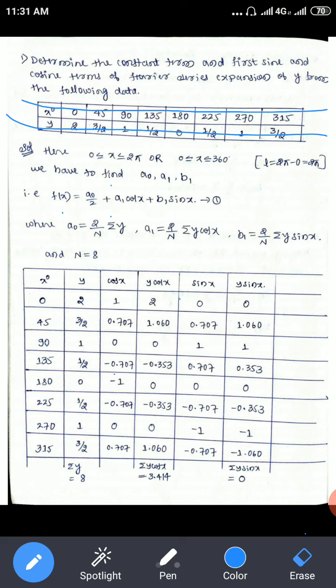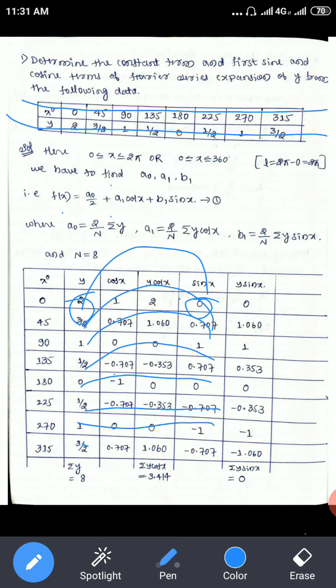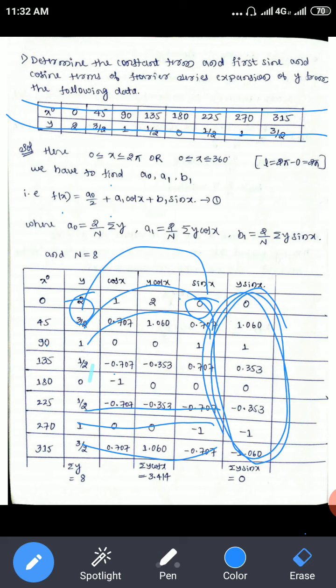Next, in the next column, I want y into sin x. See friends, y is there, sin x is there. You multiply this into this, this into this, and so on. So you will get these values.